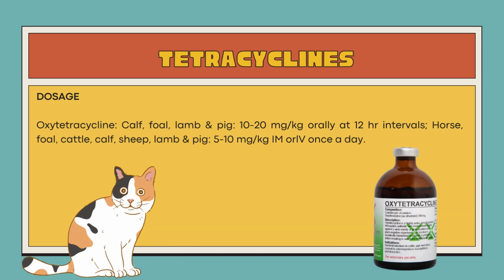For the drug oxytetracycline for calf, foal, lamb, and pig, it should be given 10 to 20 mg per kilogram orally at 12-hour intervals. And for the horse, foal, cattle, calf, sheep, lamb, and pig, it should be given 5 to 10 mg per kilogram intramuscularly or intravenously once a day.